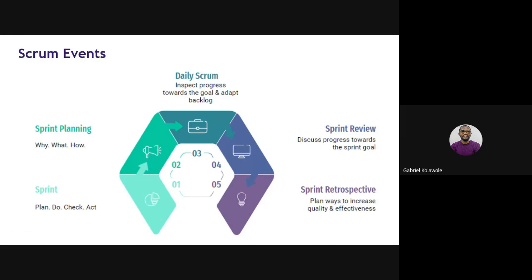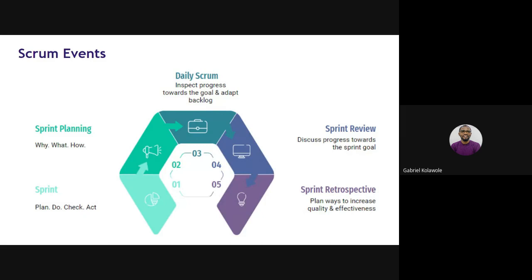So all the other events in Scrum are put, how do I put it now? We all know the onion bulb. You know that there is that outer shell of it that is at times very dry. Then you have other layers inside of it. That outer layer, see it as the sprint.